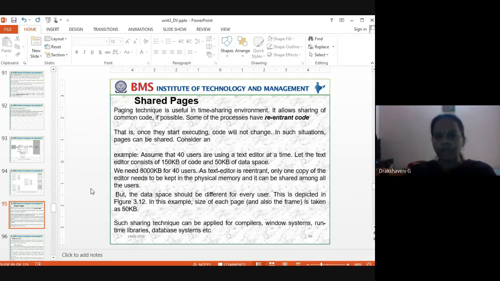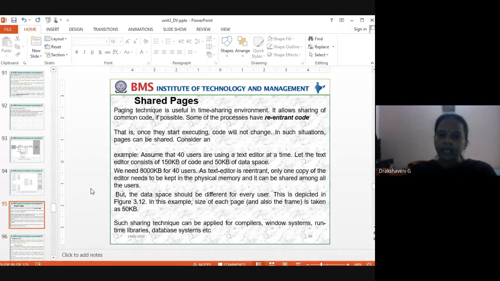Some of the processes have re-entrant code. That is, once they start execution, the code will not change. In such a situation, pages can be shared. Consider an example. Assume that 40 users are using a text editor at a time. Suppose all of you have to do a mini project and you have to start doing your report. In your class you are 53, but 40 of you are using a text editor, that is, doing your project.